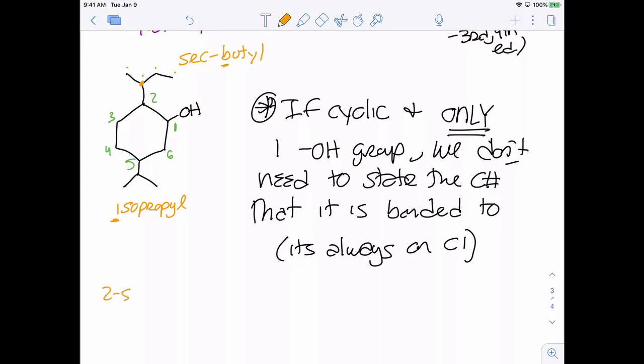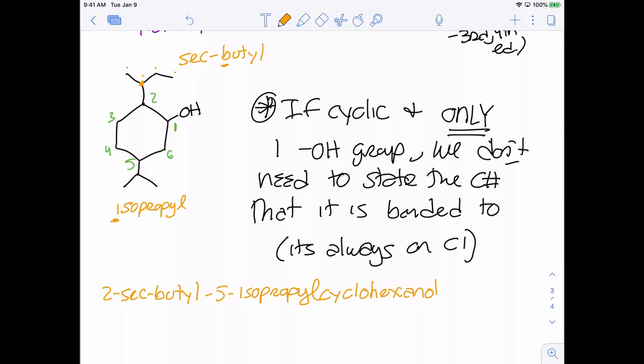So 2-sec-butyl, 5-isopropyl, and then the nice thing, I don't have to do it twice because I don't have to say the carbon number. So both methods, cyclohex, because there's 6 carbons, they're all singly bonded, so AN, and then my OL.